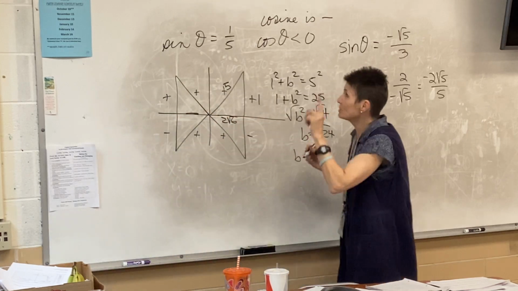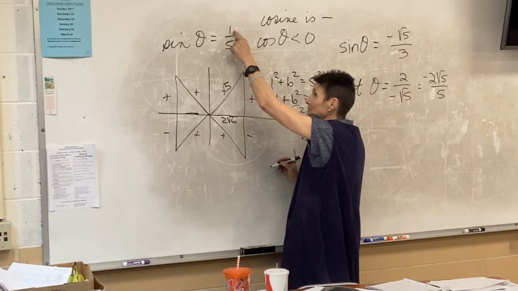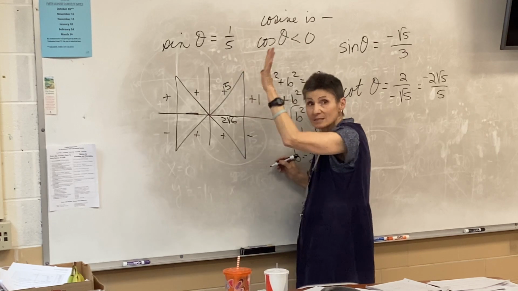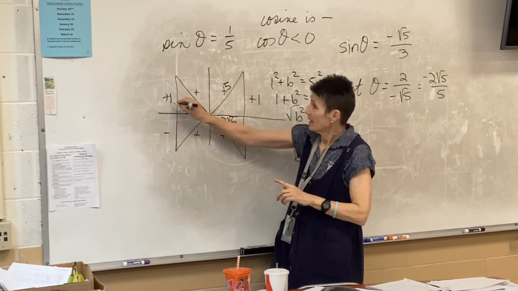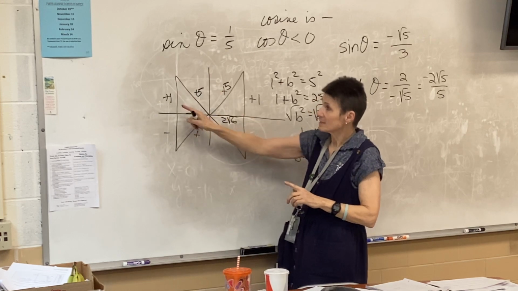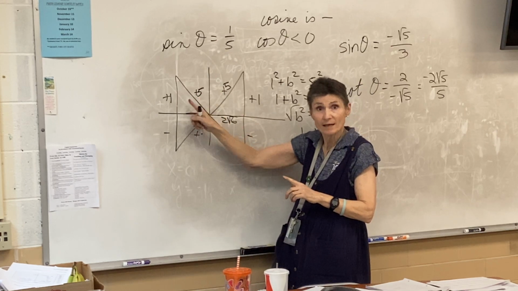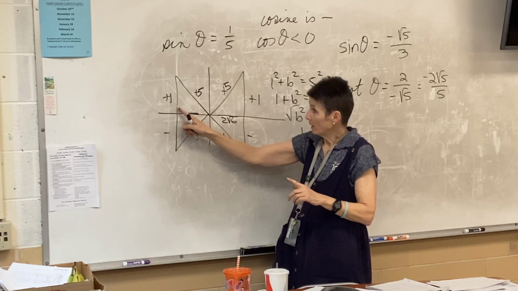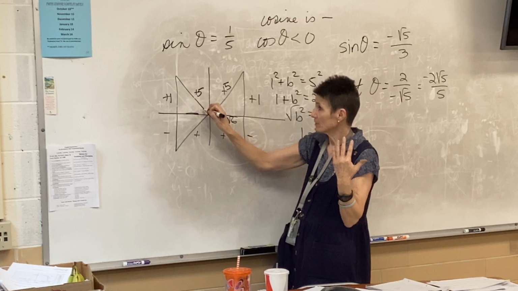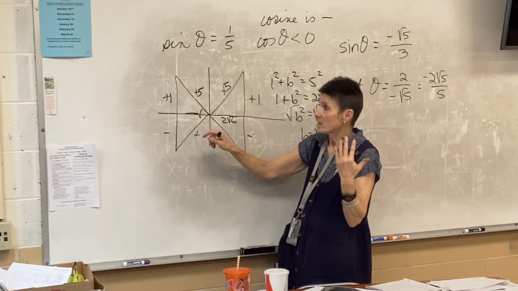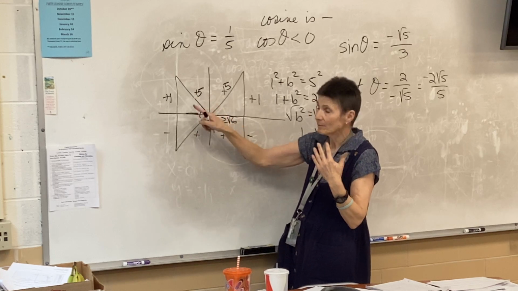Well, remember, you still need opposite and hypotenuse to be positive. Will this triangle be okay? Well, that part works. That's 1/5 for the sine. Here's your angle. This side, same Pythagorean theorem.